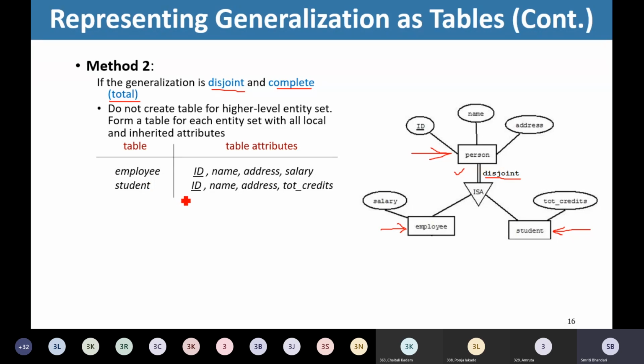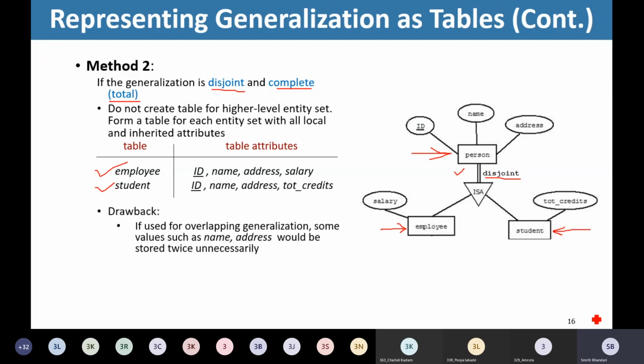In every table, we have the attributes from the higher level entity set along with its local attributes. So attributes are inherited by the lower level entity sets along with their local attributes. This is how we may create the tables.